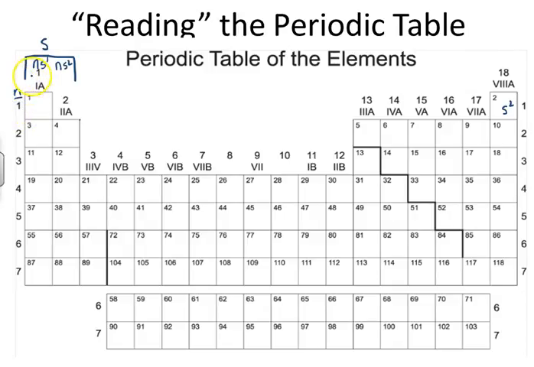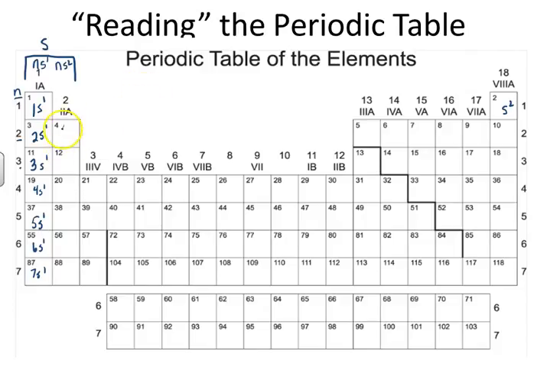So the very last thing that you would write down in an electron configuration for these elements, this one, n is 1, first period, s1. So this is 1s1. This one ends in 2s1, 3s1, 4s1, 5s1, 6s1, and 7s1.